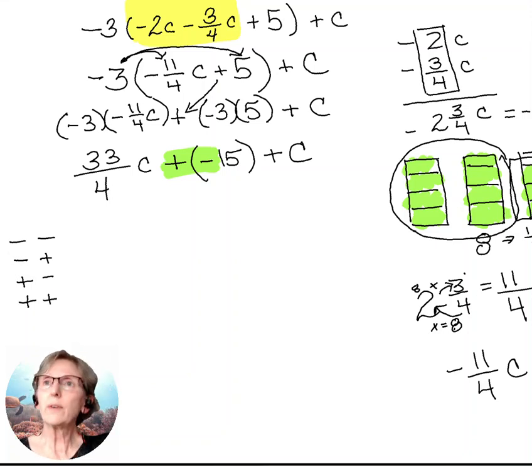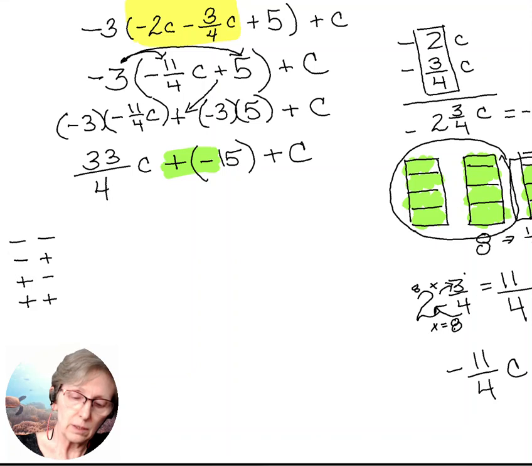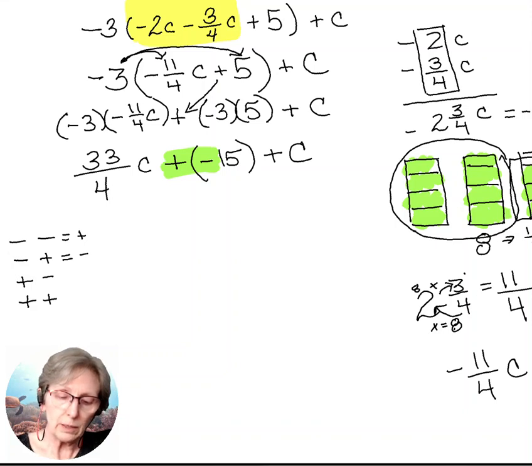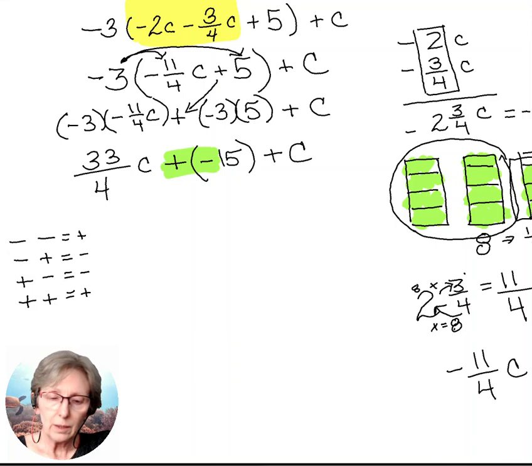And neighbor signs follow the exact same rules as multiplication of positives and negatives. Minus a negative equals addition. Minus a positive equals subtraction. Plus a negative equals subtraction. And plus a positive equals addition. Part of it is if you do this a few bazillion times, you get used to it.